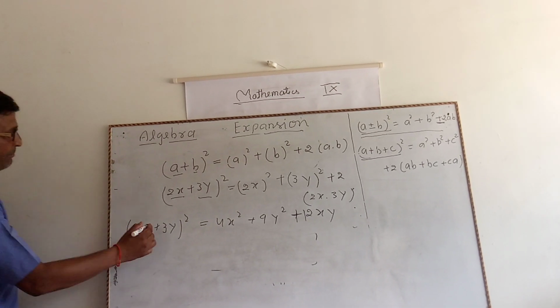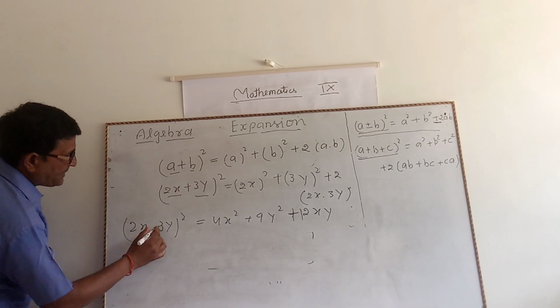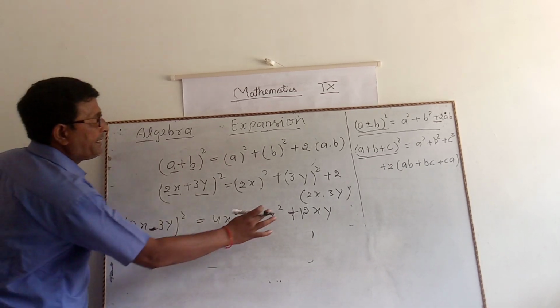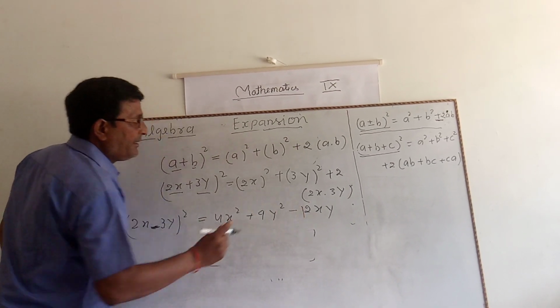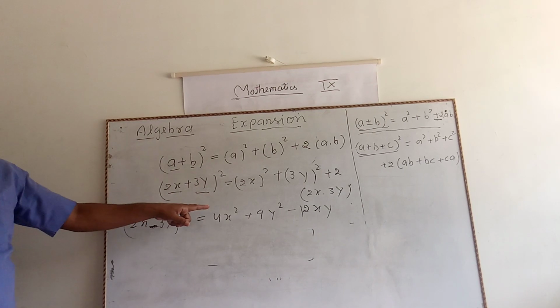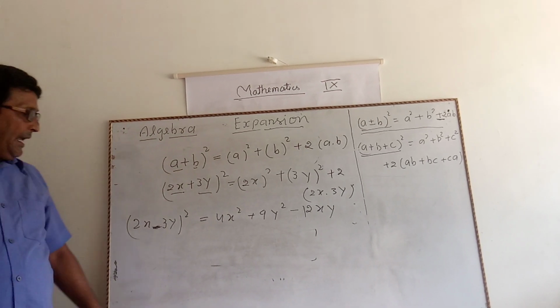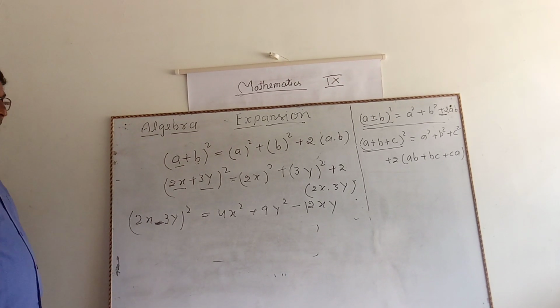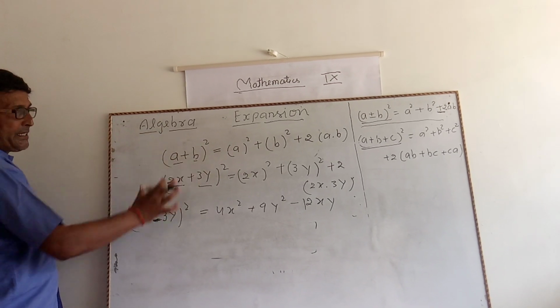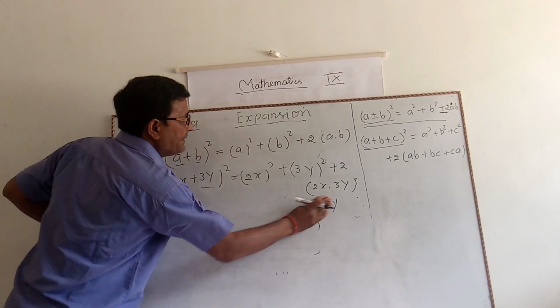Similarly, if there is minus in place of plus, here there will be minus. This is your result. On the basis of that, I am going to give some questions that you expand on the basis of this identity.